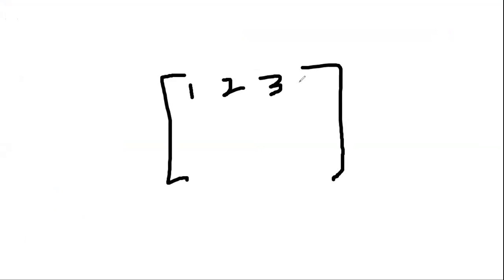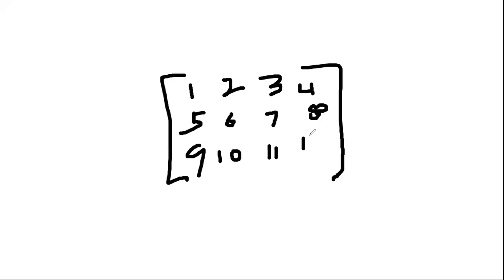After this, I have one more row, 5, 6, 7, 8. After this, a few more elements, 9, 10, 11, 12. To make it clear how to slice this array, I am taking this simple example.